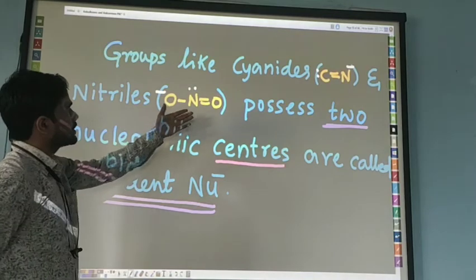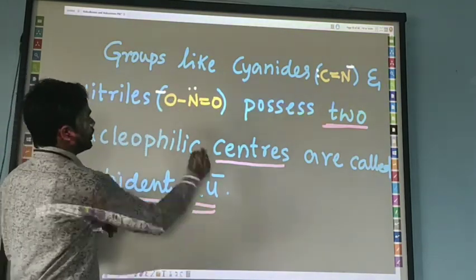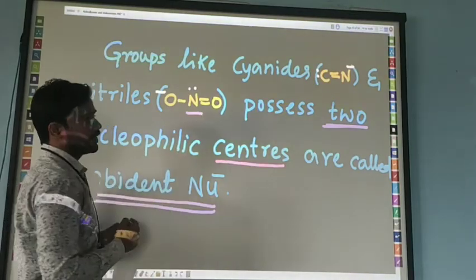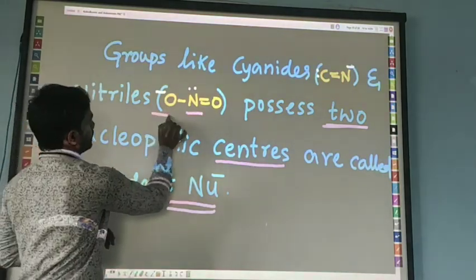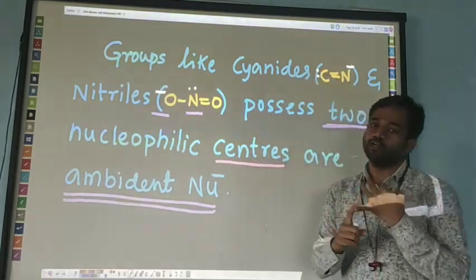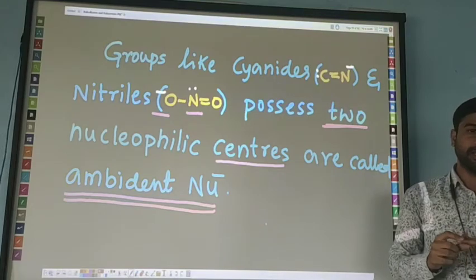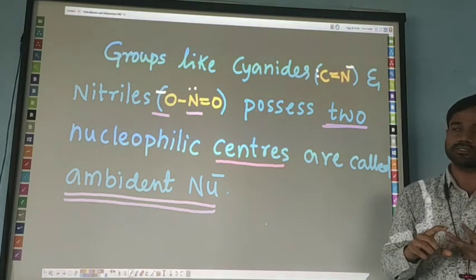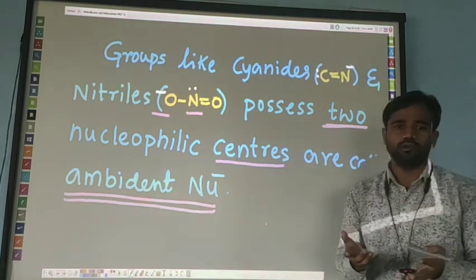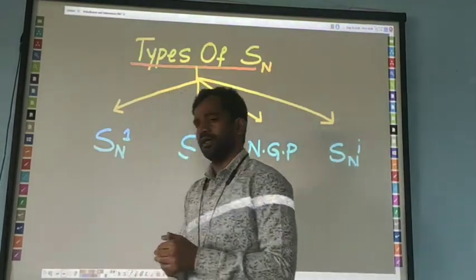In the nitrite case, there are two nucleophilic centers: the nitrogen which has the double bond, and the oxygen which has the negative charge. The nucleophiles may be neutral, having a lone pair of electrons, or they may be charged nucleophiles.